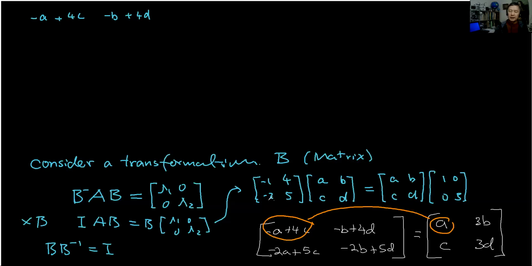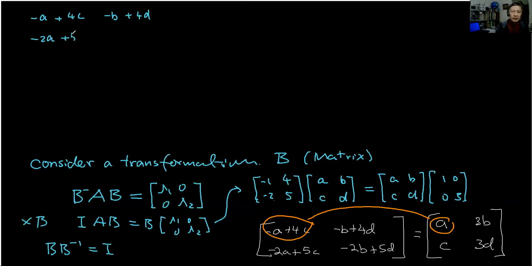So this one, the second row is -2A plus 5C, right? Yep.